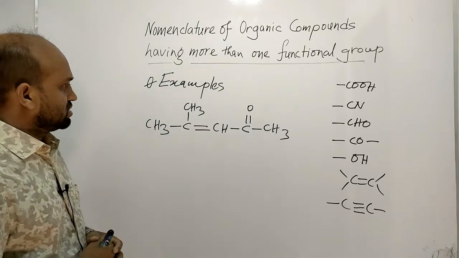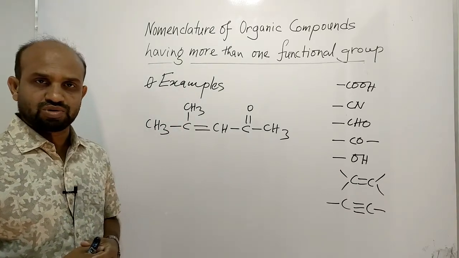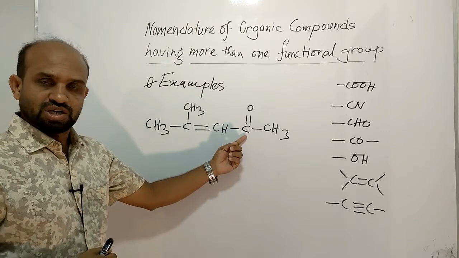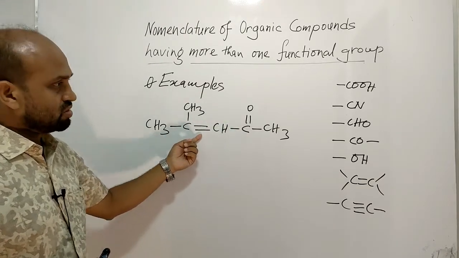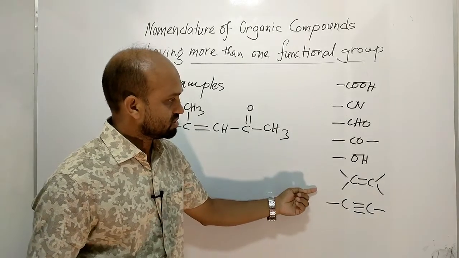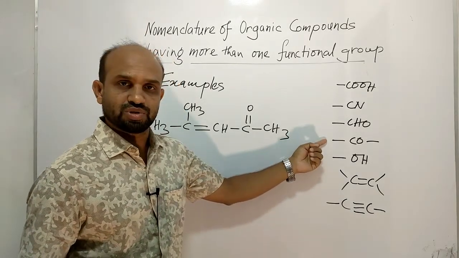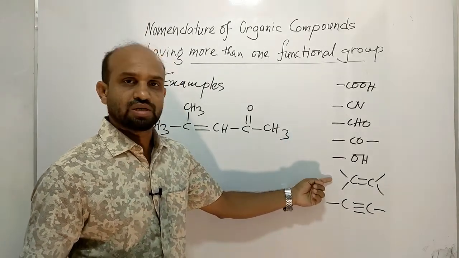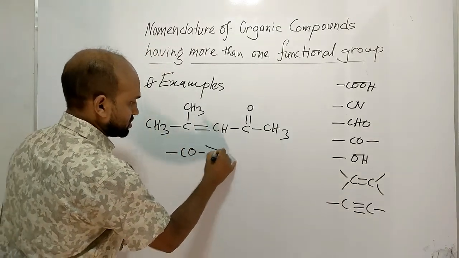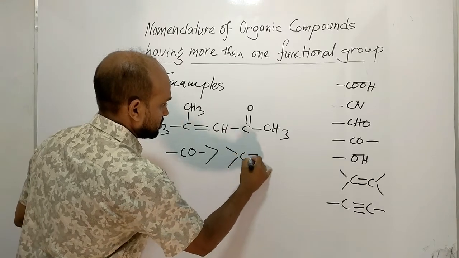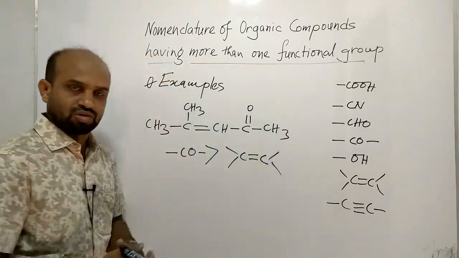The name of this compound. Here there are two functional groups. One is ketonic group, another one is alkene group. From the priority series we can see ketonic group is prior to alkene group. Let's write ketonic group is prior to alkene group.